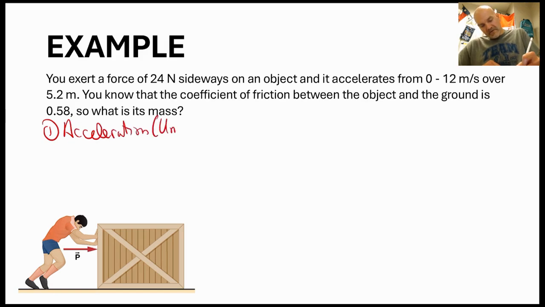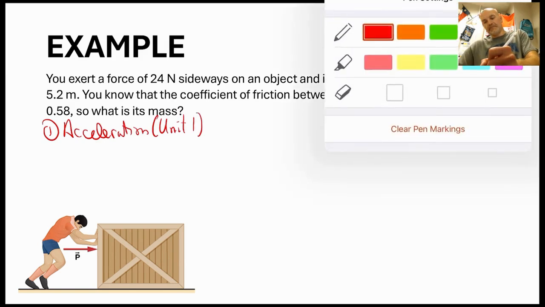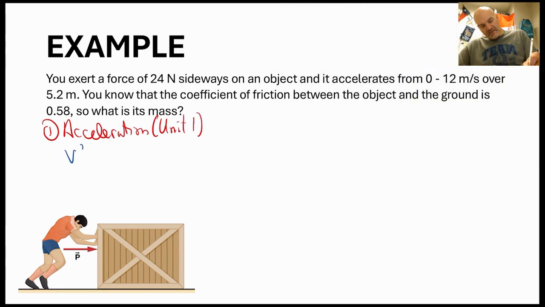Well, we're going to use our kinematics equations from unit 1 to determine that acceleration. So we're going to use v squared equals v0 squared plus 2a delta x, and then solve this equation for a. Well, v0 is 0, and then all I have to do to find a is v squared divided by 2 delta x.